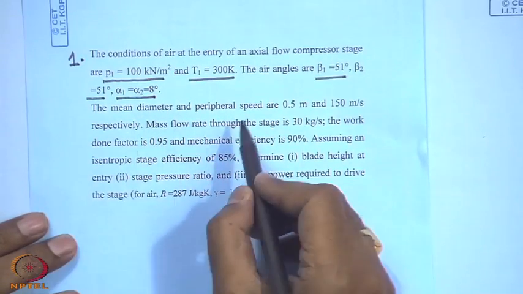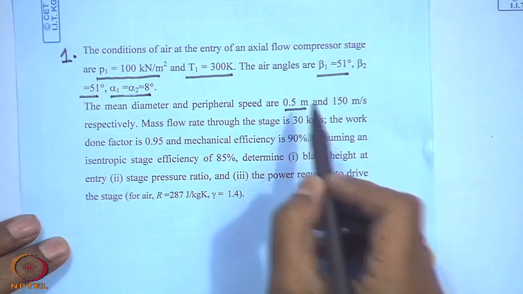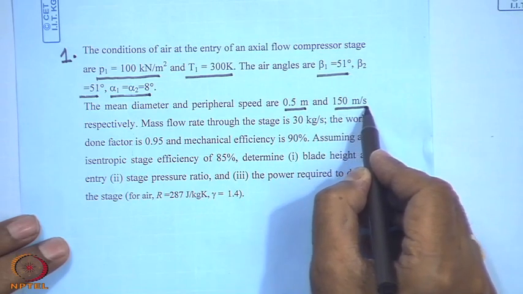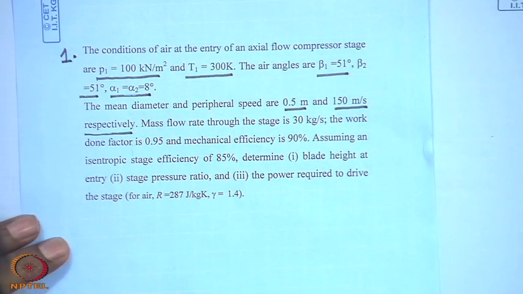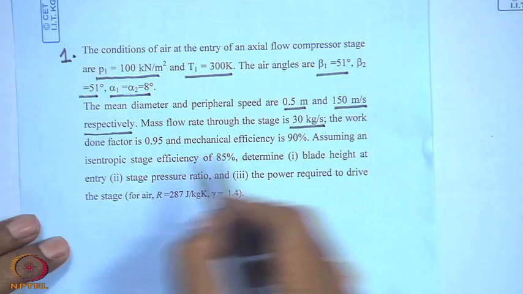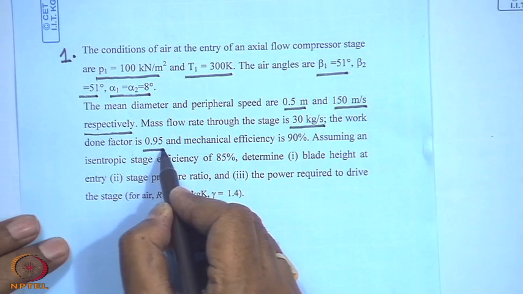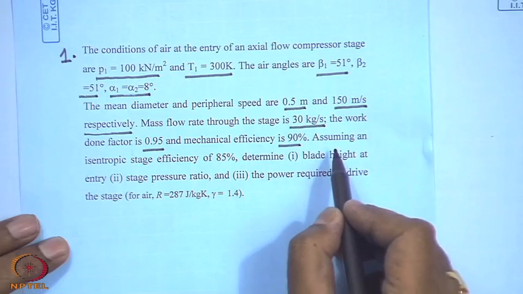The mean diameter is 0.5 meter and the peripheral speed is given, that means the peripheral speed at the mean diameter. The mass flow rate through the stage is 30 kg per second. The work done factor is 0.95. All these things are known to us. Mechanical efficiency is 90%.